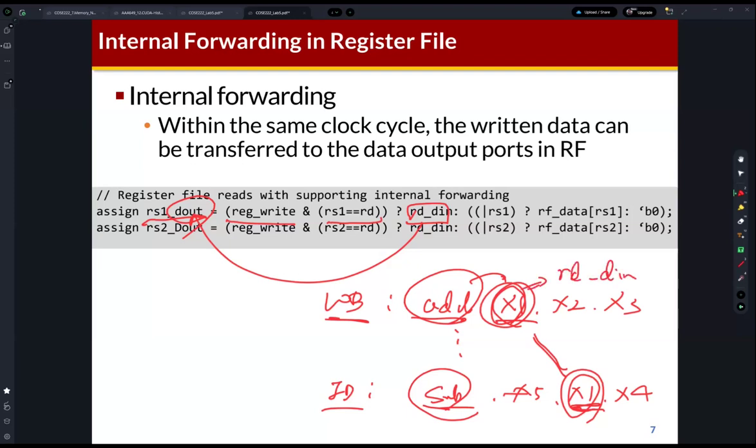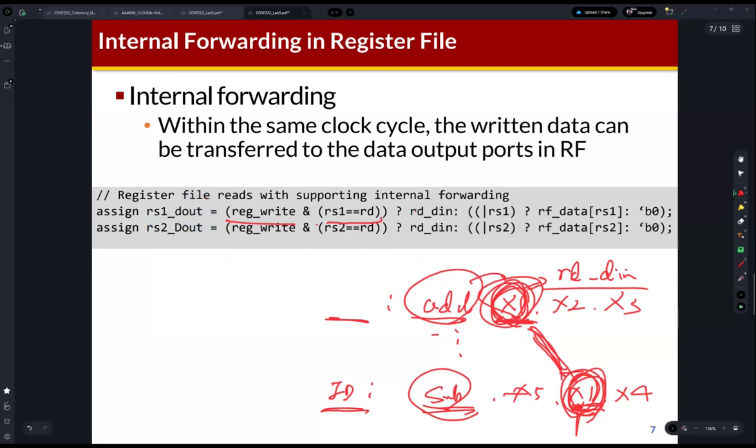The sub instruction needs to receive data from the former add instruction, so x1 is to be forwarded. This forwarding is performed inside of the register file, so it is implemented in the register file.